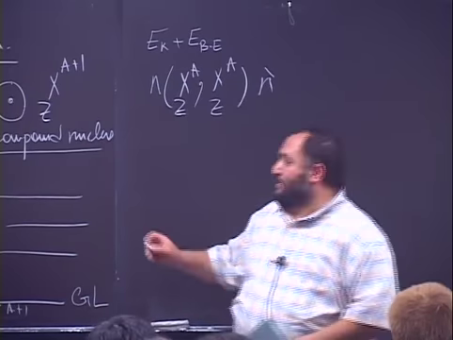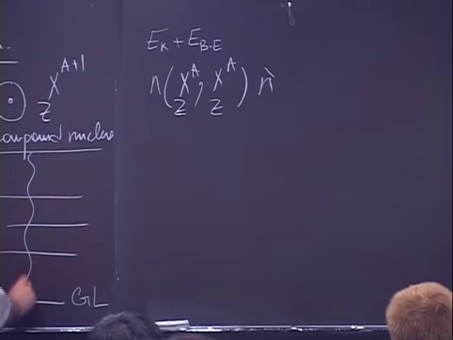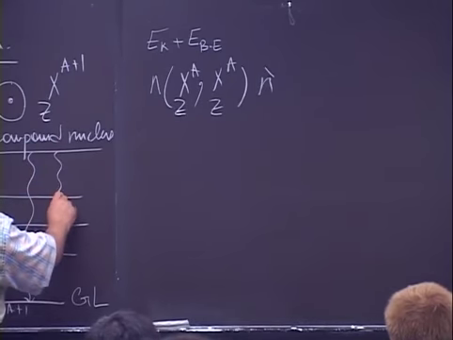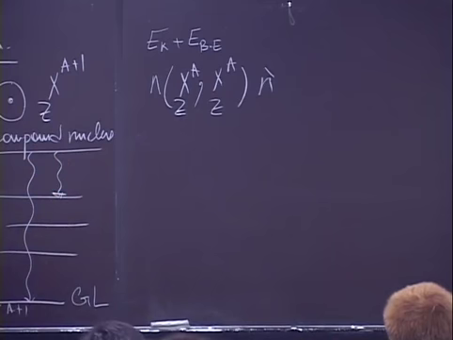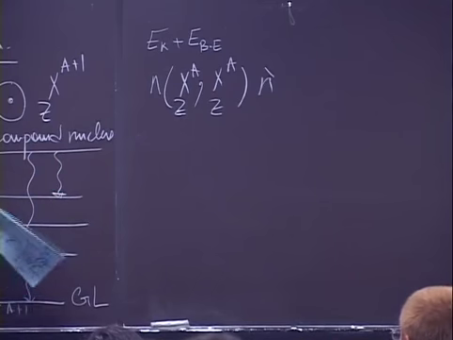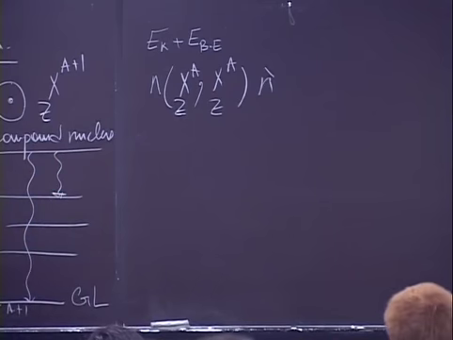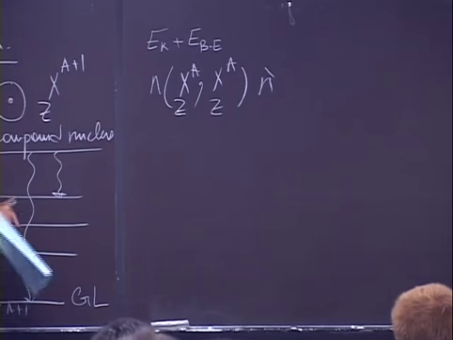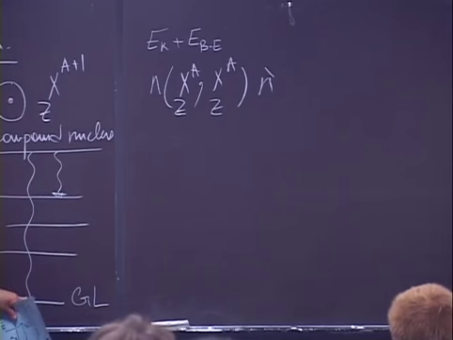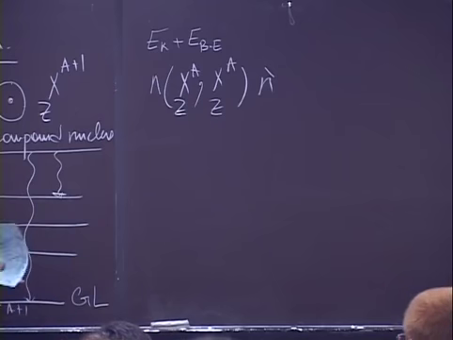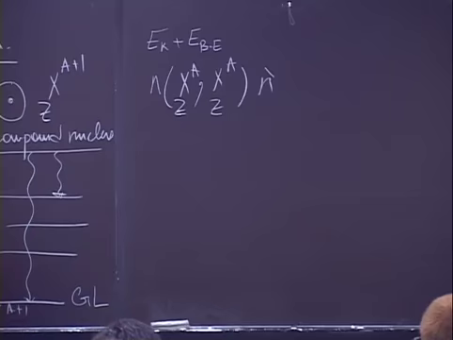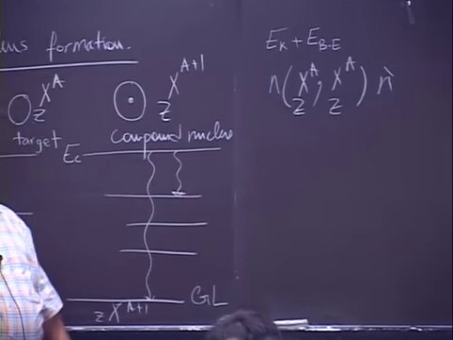You might emit the photon directly to the ground state, or you might emit the photon to another excited state, and you will still stay there for a millisecond. Usually, if you are excited and you emit to the ground, maybe it takes something like 10 to the power of minus 14 to 10 to the power of minus 18 seconds. This is called prompt gamma emission.